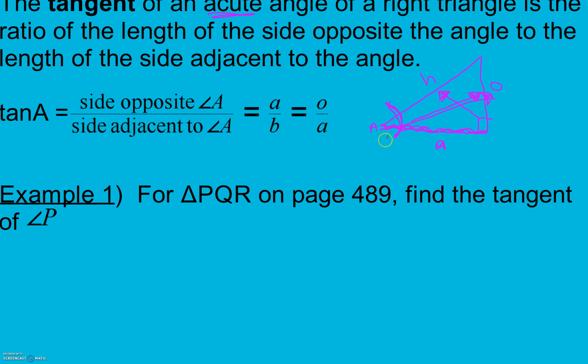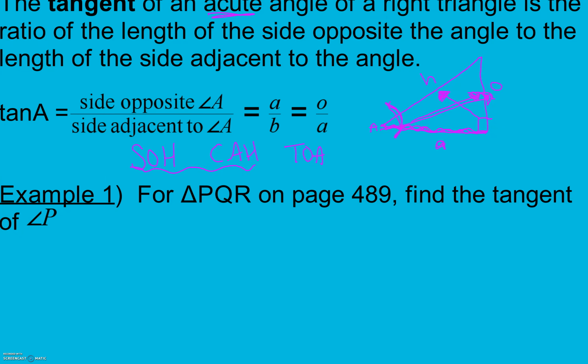So there are two sides that make up angle A. One of them is our adjacent, one of them is our hypotenuse. And then the side that doesn't is our opposite. So tangent is opposite over adjacent. We're going to deal with sine and cosine in section 9.8, but we're going to use SOHCAHTOA to remember this. We're not going to worry about SO and CA.